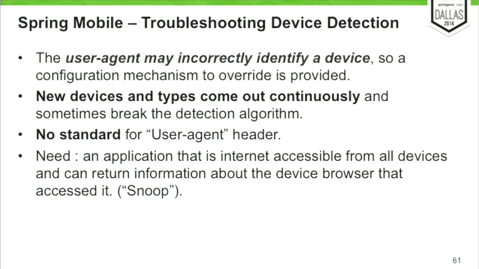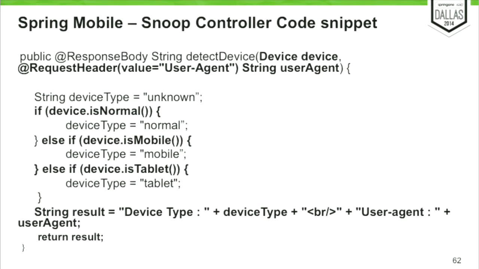So one thing that can help with this, though, is if you have an application that you can run from any device that can tell you, yes, we detected this as a mobile, and here's the criteria we use to detect this. Here's your user agent, here's any other relevant HTTP headers. So what we did for this was we created what we're calling a Snoop application. And it looks like we're using a Snoop controller.